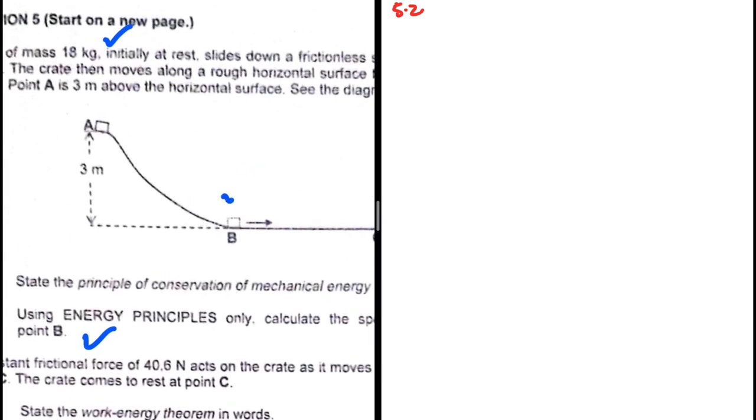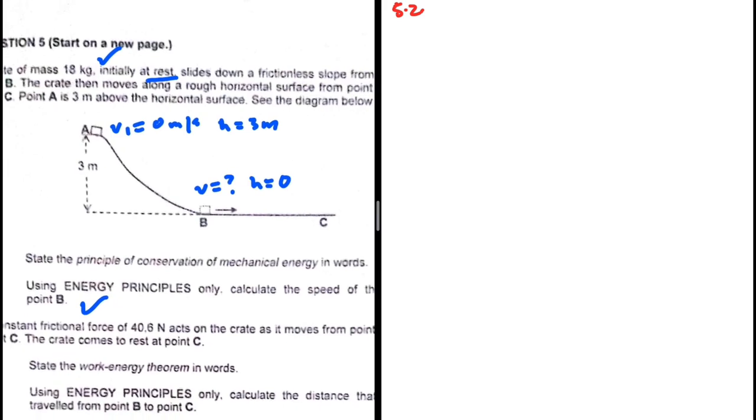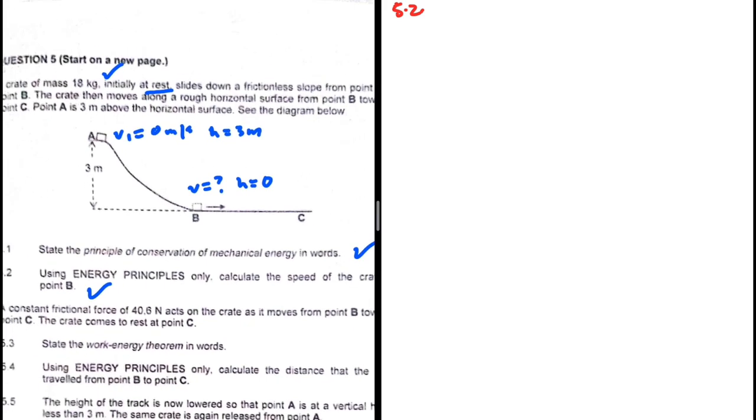Here at point B, we have an unknown velocity, but here at point A we have a velocity of 0 meters per second because initially it is at rest. At A we have a height of 3 meters, and at B our height is 0. So clearly we can use conservation of mechanical energy here because our slope is frictionless, right?